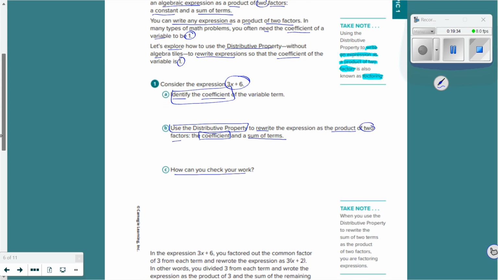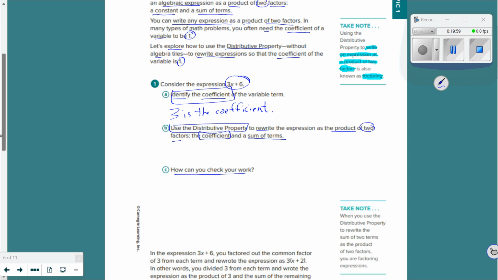So let's start with the basics. What is my coefficient of this term? 3. So 3 is the coefficient. If I identify the coefficient, that should make it easy. Because if I want my coefficient to be 1, how do I change from a 3 to 1? Divide by 3.